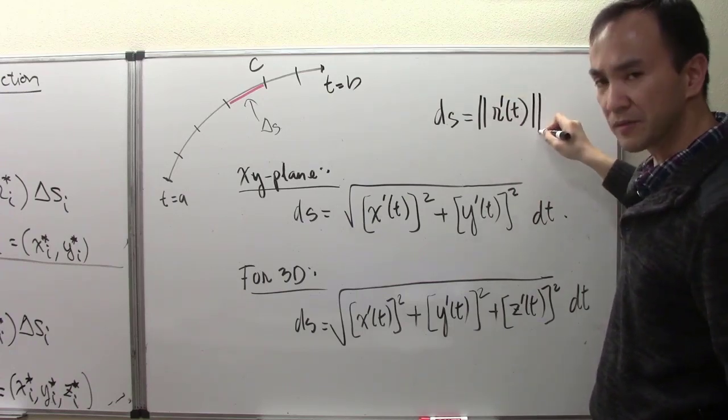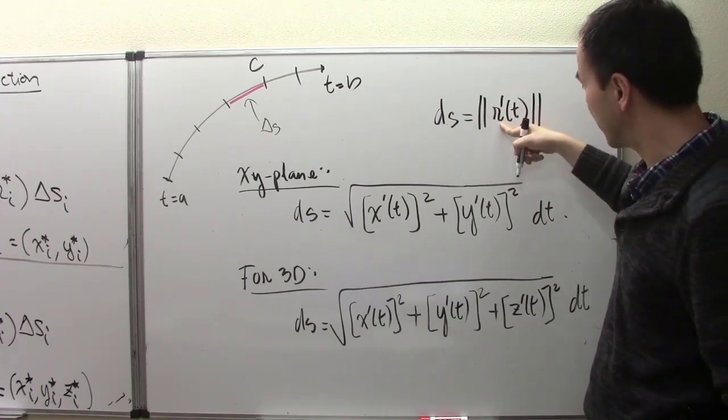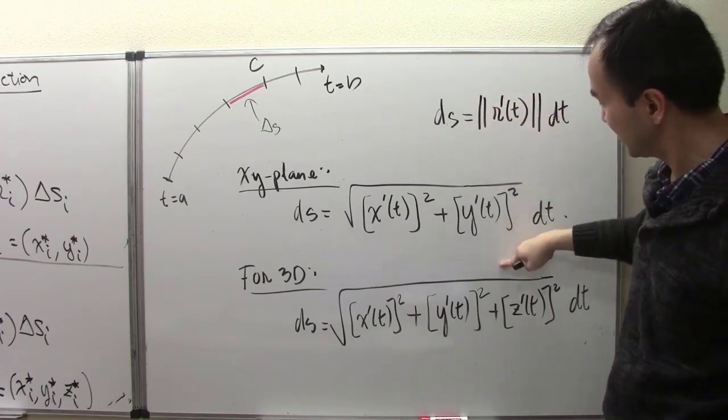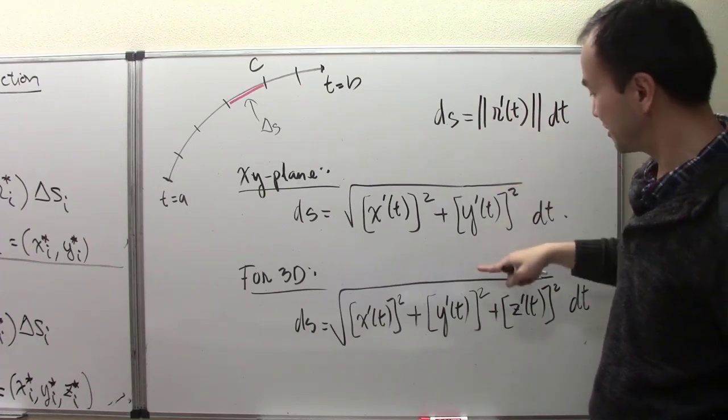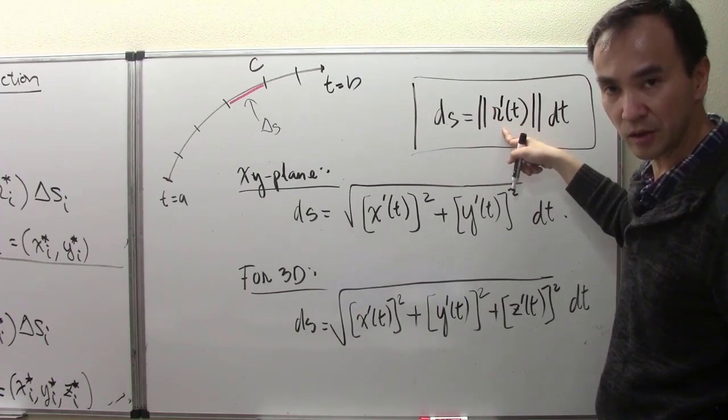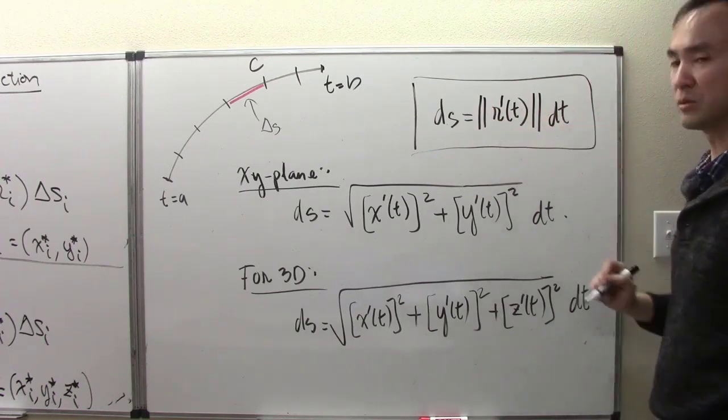The square root expression is the magnitude of the derivative of r, multiplied by dt. So we have come down to the general expression for ds: the magnitude of the r prime vector multiplied by dt.